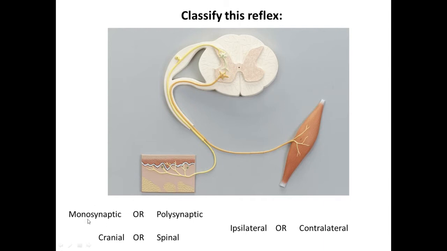If I just have one synapse, one place where things meet, it's a monosynaptic reflex. If I've got multiple places they meet, that's a polysynaptic reflex. Check to see if that reflex has a spinal cord in it. If there's a spinal cord in that picture, it's a spinal reflex. If not, it's a cranial reflex. And look at the side that information goes out and in. One side versus both sides.